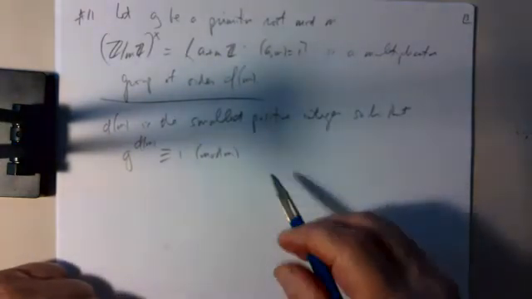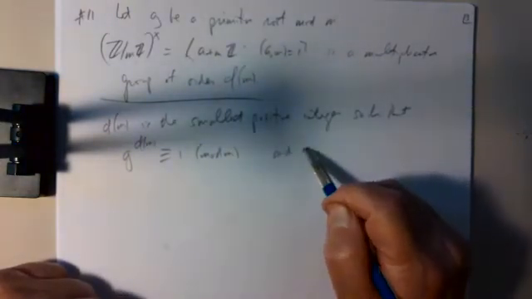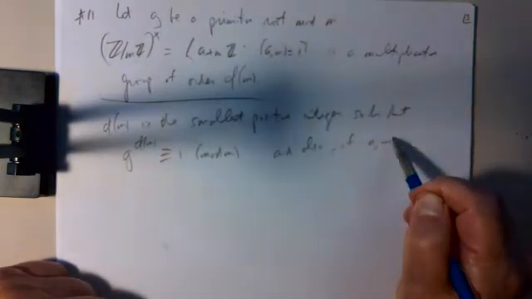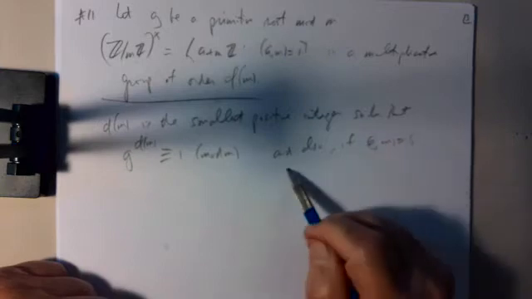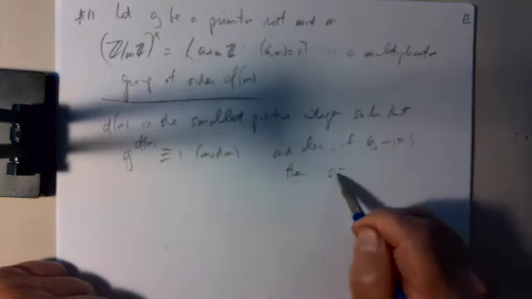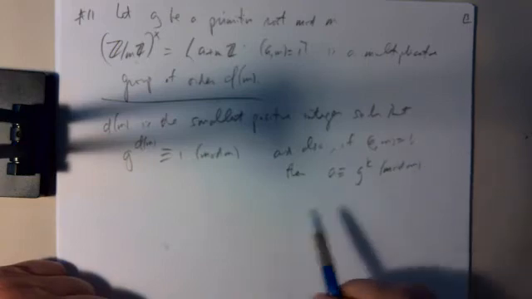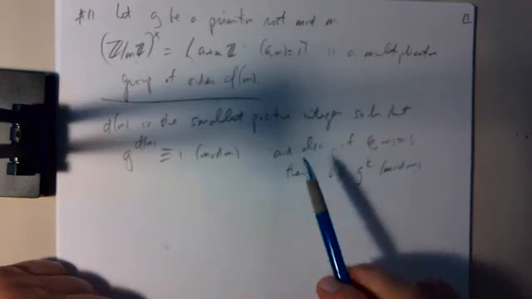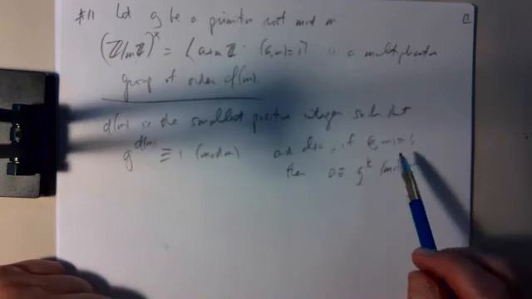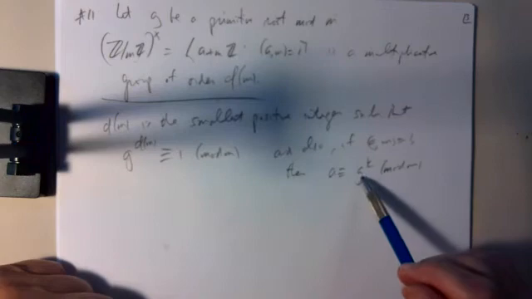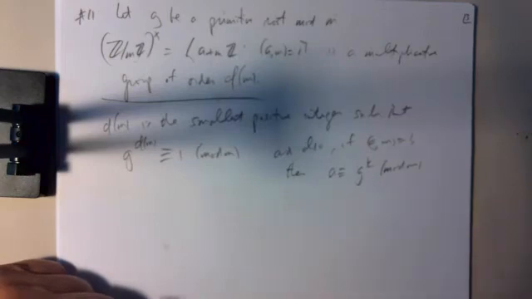And also, if a and m are relatively prime, then a is congruent to g to some power mod m. Right? That's what it means to be a primitive root. Every congruence class relatively prime to m can be represented as a power of g.